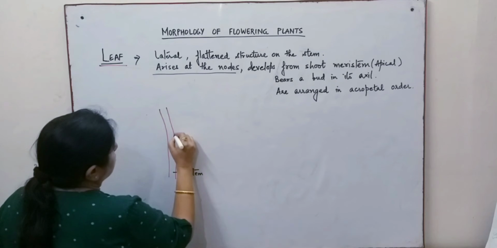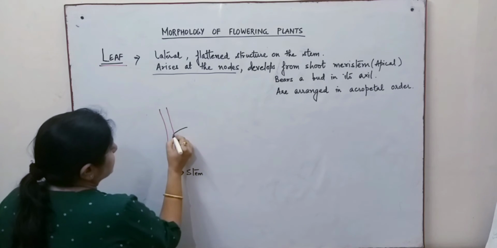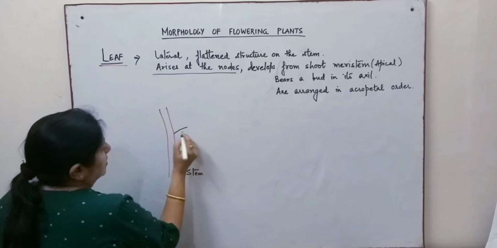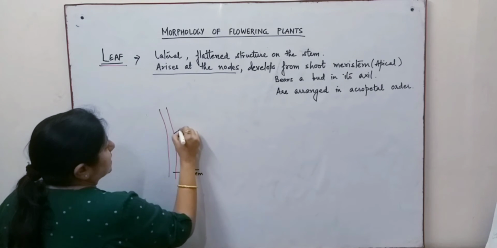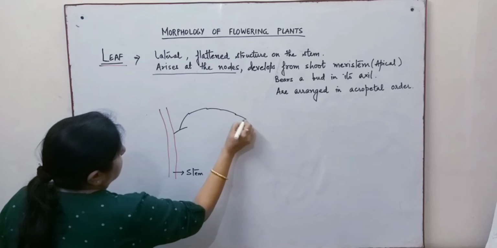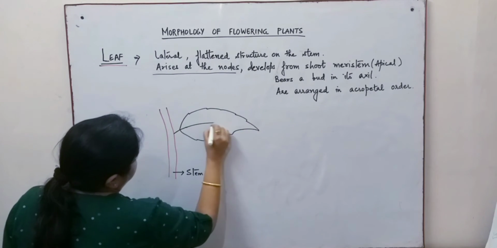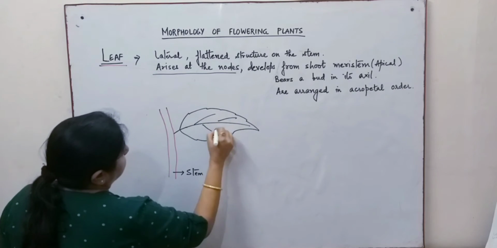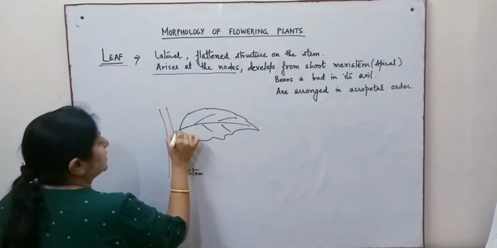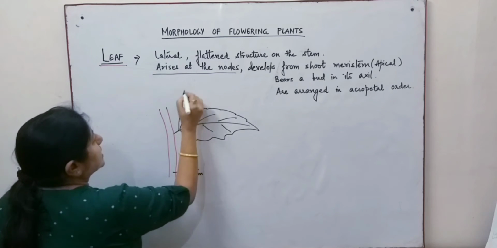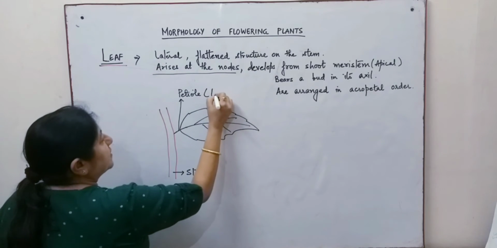And let me draw the diagram. Now over here, this elongated structure which is holding the leaf, that is the leaf structure. Now this structure that is holding the leaf is known as the petiole or the leaf stalk.